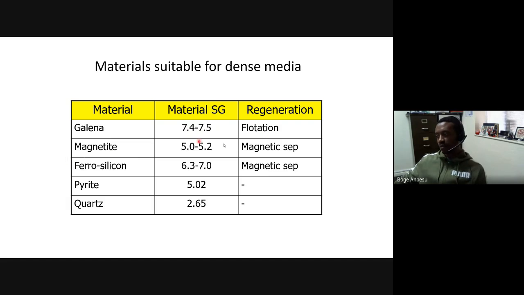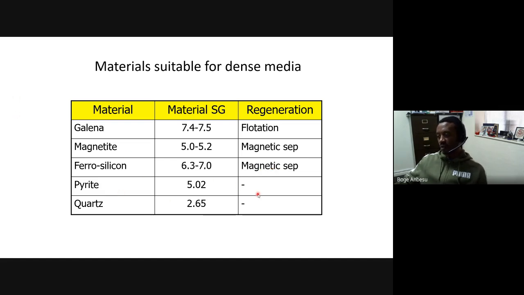If you use magnetite, you can then again make up a media with it, and you can regenerate it by using magnetic separation. Ferrosilicon is an alloy of iron and silicon. It's actually one of the most common commercially available materials to make up dense media. Again, it has significantly high specific gravity, and obviously you can use something like this to make up a media for dense media separation. Again, it can be regenerated by magnetic separation and recycled.